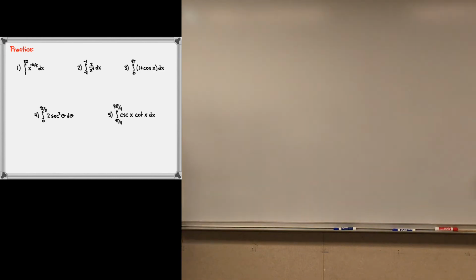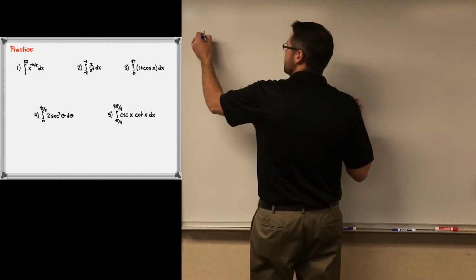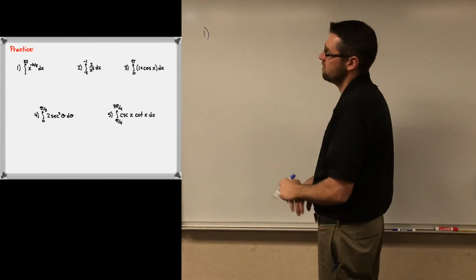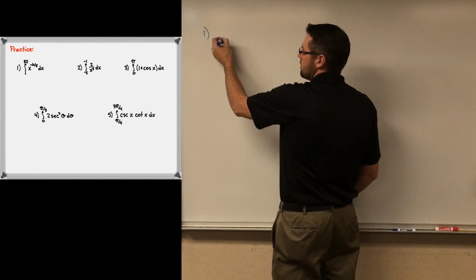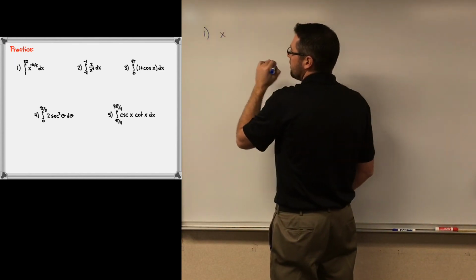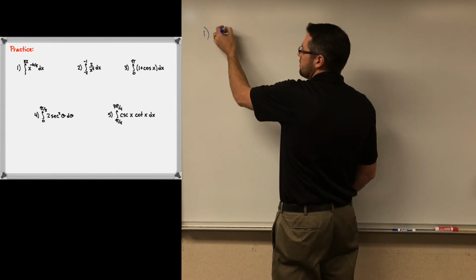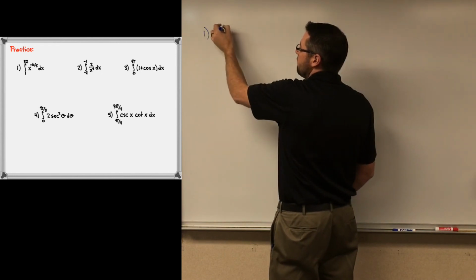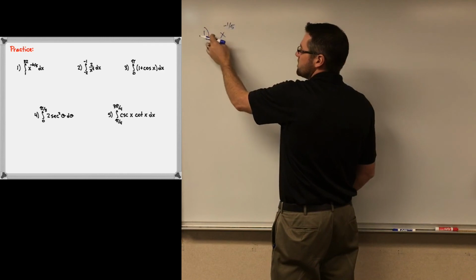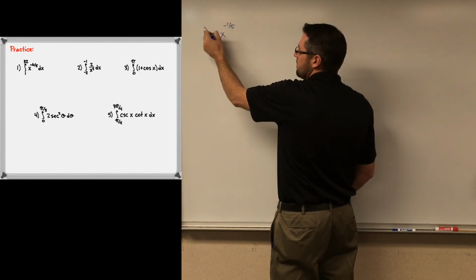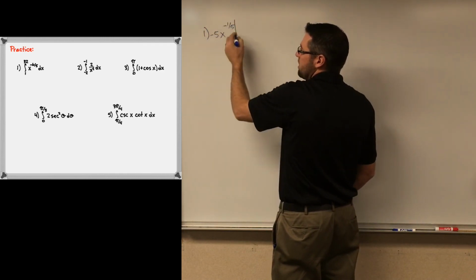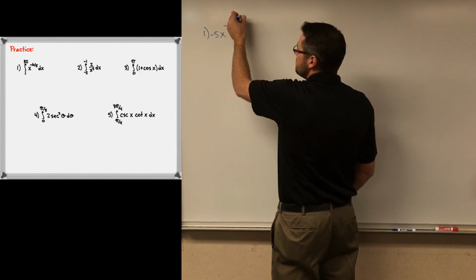All right, number 1. First of all, what is the antiderivative? x to the first is x to the what? Negative 1/5, because we have to add 1. So what's the coefficient going to be out front? Negative 5. Okay, evaluated from 1 to 32.